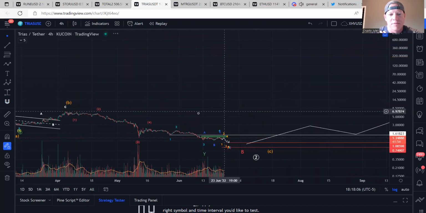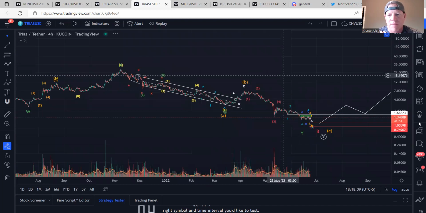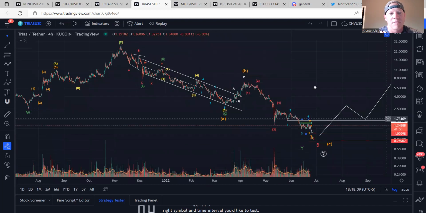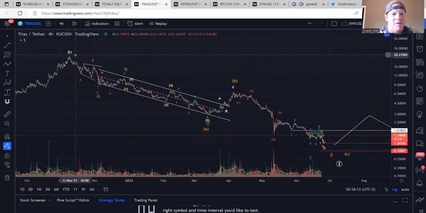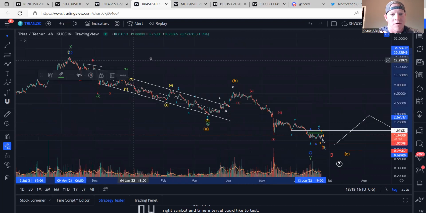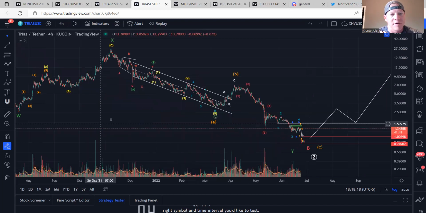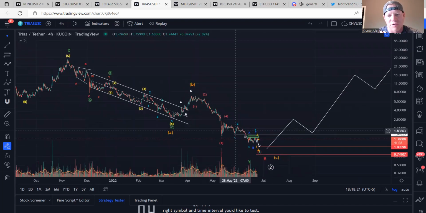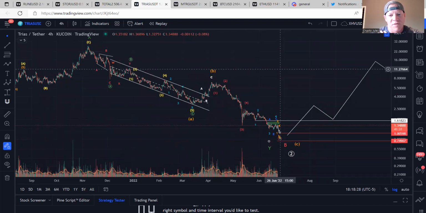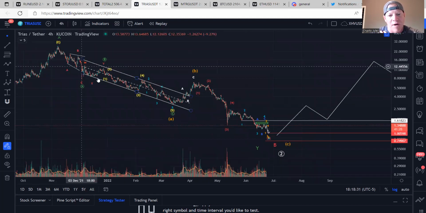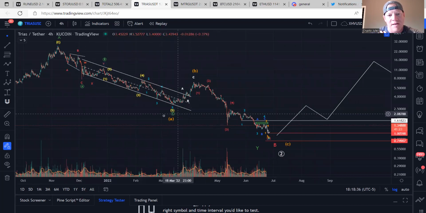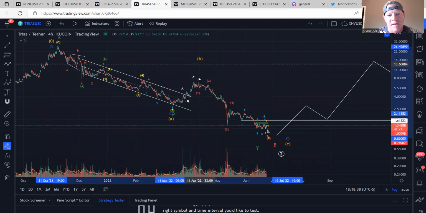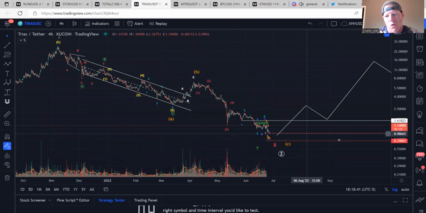So let's hop into the micro real quick, just so I can give you an idea of what I'm thinking is going to happen on a lower time frame. So this is my entire count for this entire structure down, being a WXY, being a larger degree ABC to finish the Y. So I've got basically an A, B, C with your green, an A, B, C up to put in your B, and then a 1, 2, 3, 4.